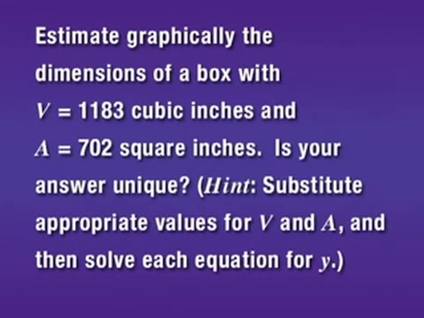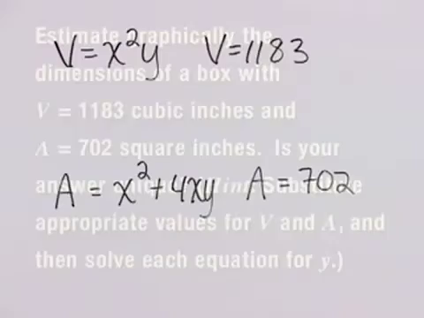Estimate graphically the dimensions of a box with V equals 1,183 cubic inches and A equals 702 square inches. Is your answer unique? Hint: substitute appropriate values for V and A and then solve each equation for y.